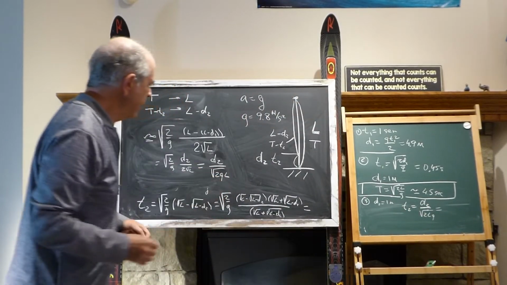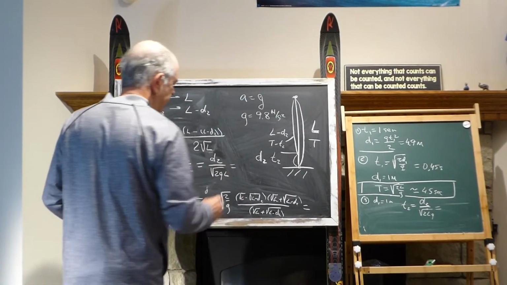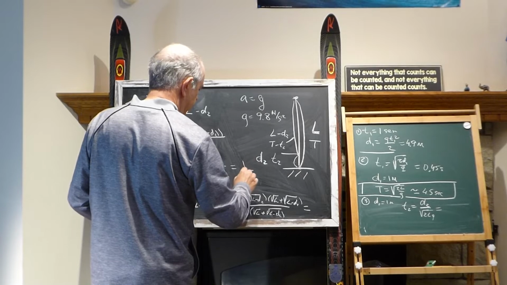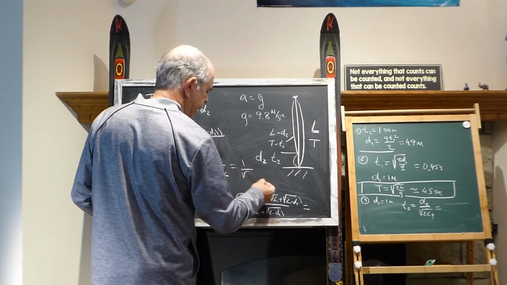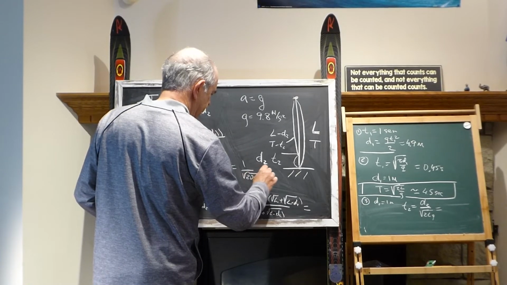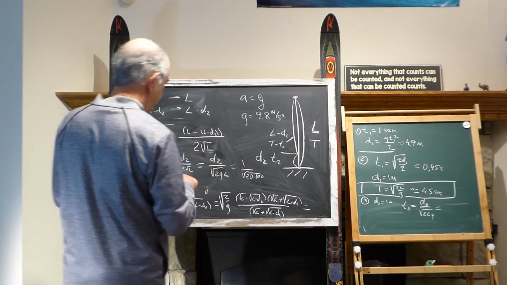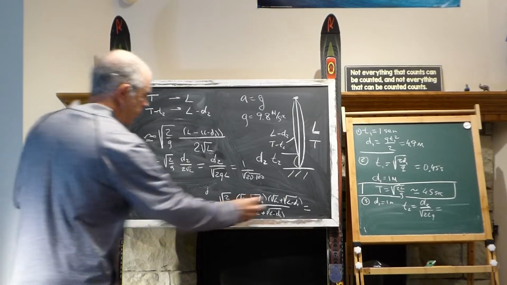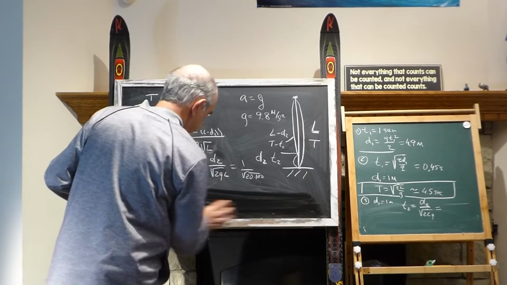And we can plug in the numbers: 1 meter, 2 times 10 would be 20, and this would be 100, and square root of 100 is 10.